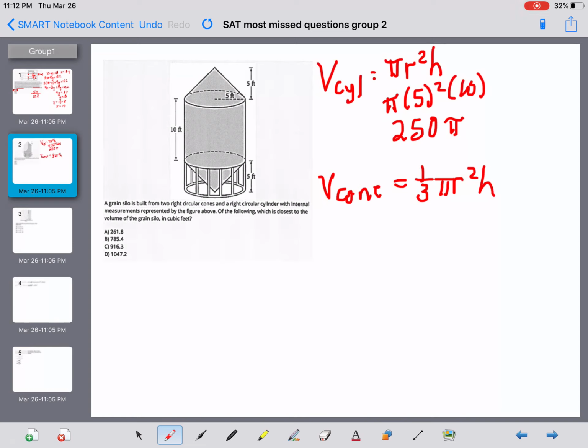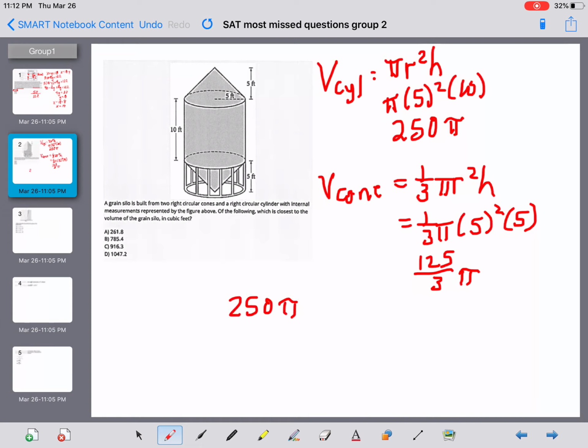It's easier to work. For my cone, I again have a radius of 5. And this time I have a height of 5. And 5 squared is 25, times 5 is 125. And I'm going to leave this as 125 over 3 pi. Now when I look at this picture, I have the cylinder, which is 250 pi. And I have 2 of those cones that are the exact same size.